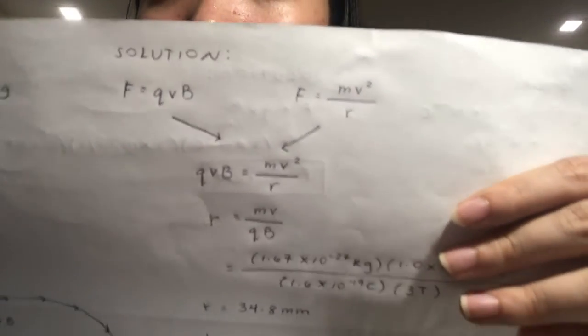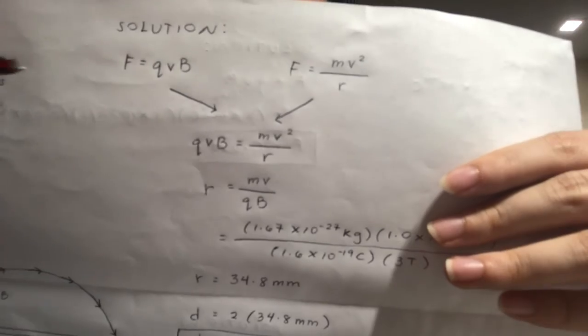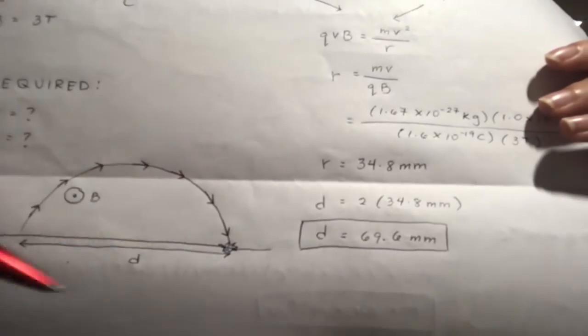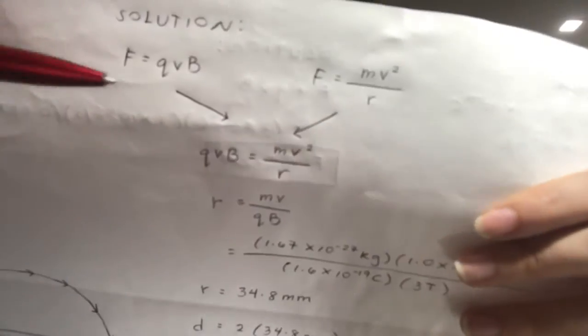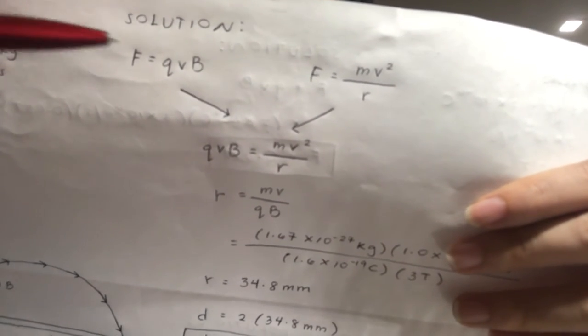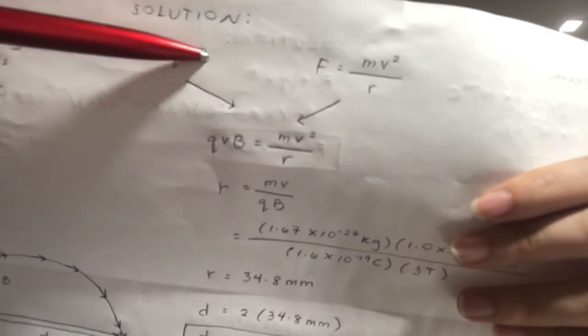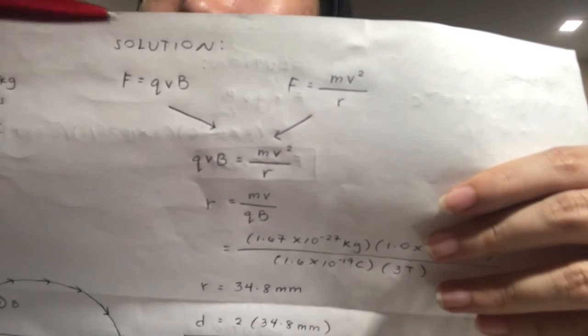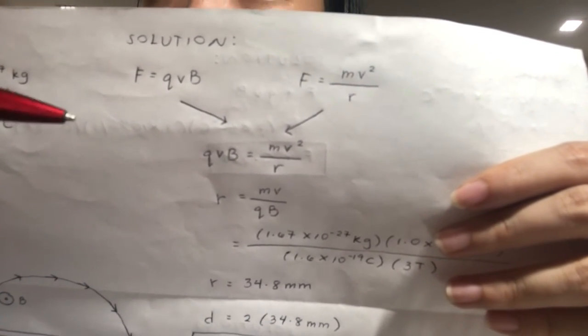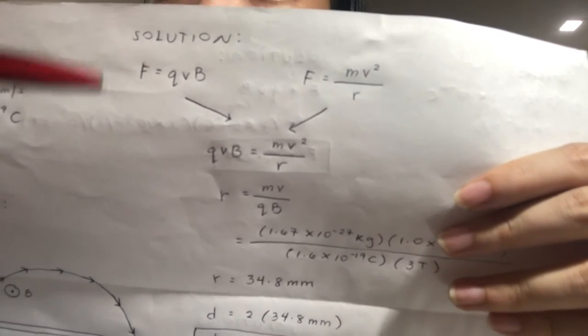In our solution, a charged particle moving through a magnetic field feels a Lorentz force equal to this formula: F equals charge times velocity times magnitude of the magnetic field. Q is the charge, V is the speed, and B is the magnetic field strength.